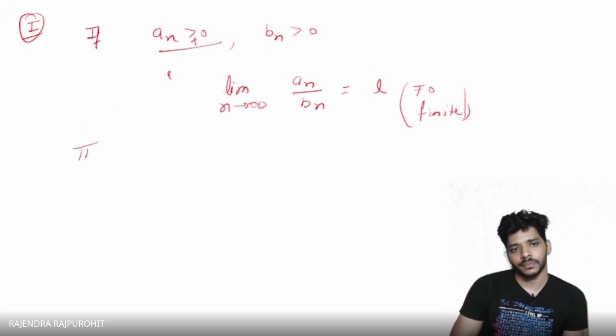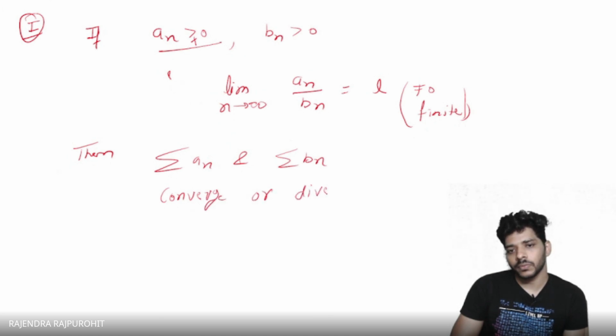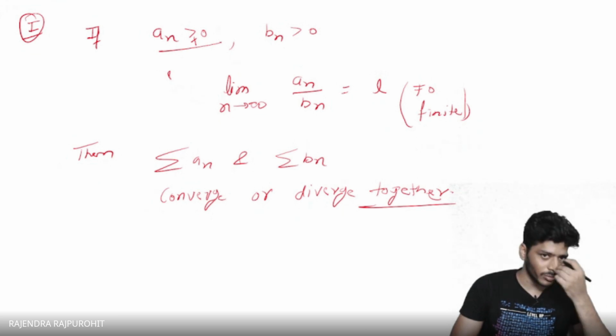Then summation a_n and summation b_n converge or diverge together. I mean, if they are convergent, then they will both be convergent. If they are divergent, they will both be divergent.